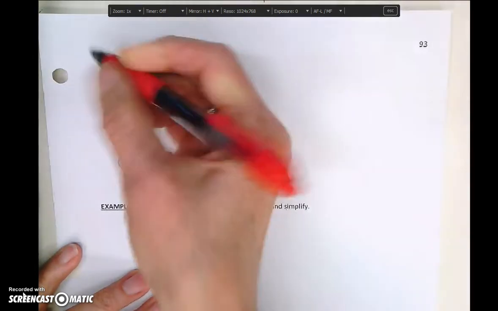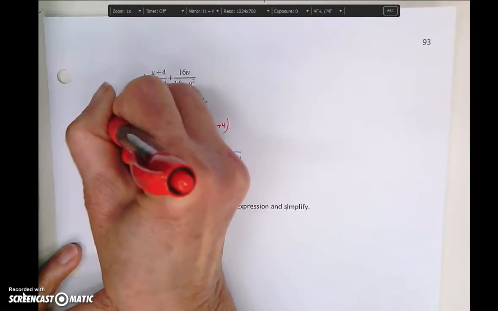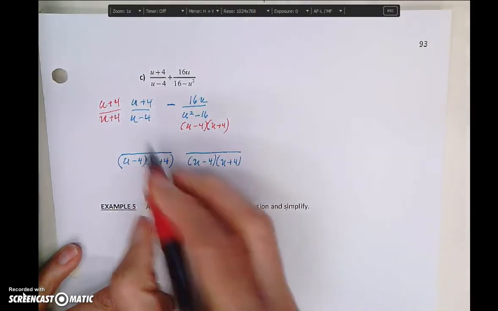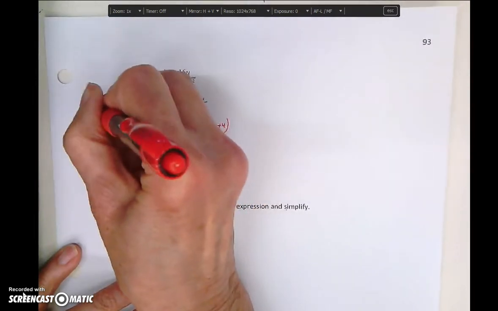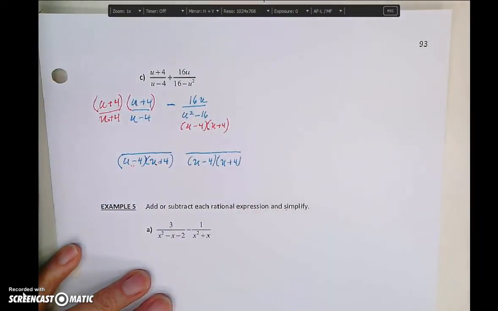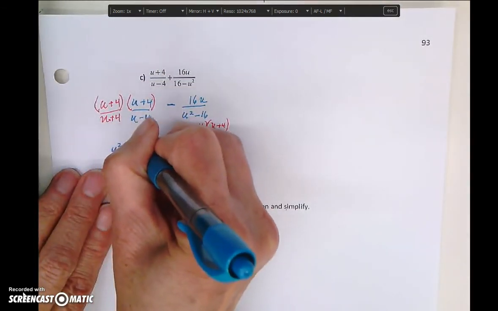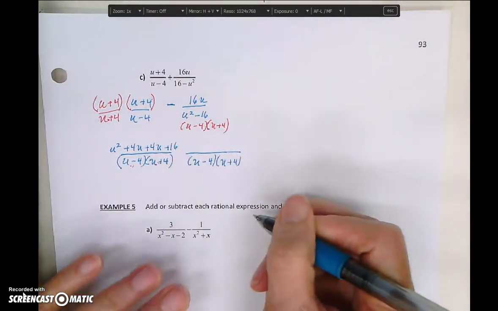All right, so for the left one, I had to multiply by u plus 4 over u plus 4, which is my clever one, so that I have the right denominator. But now I need to multiply the numerators, and I'm going to have to double distribute. And that's going to give me u squared plus 4u plus 4u plus 16.